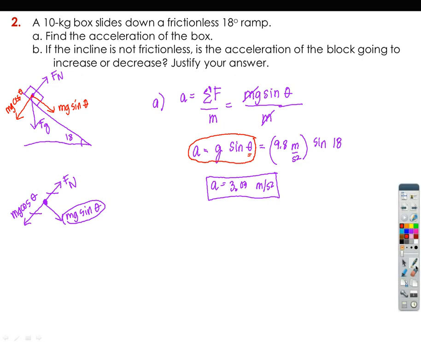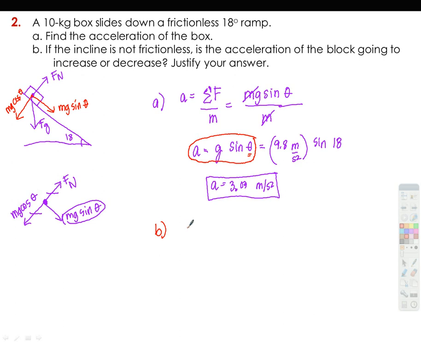If we're going to answer letter B: if the incline is not frictionless, is the acceleration of the block going to increase or decrease? Justify your answer. Just thinking logically, we know that friction opposes the motion.